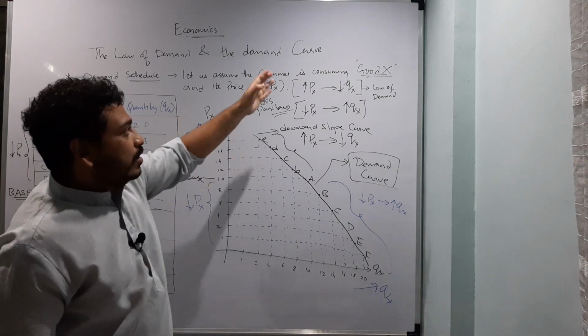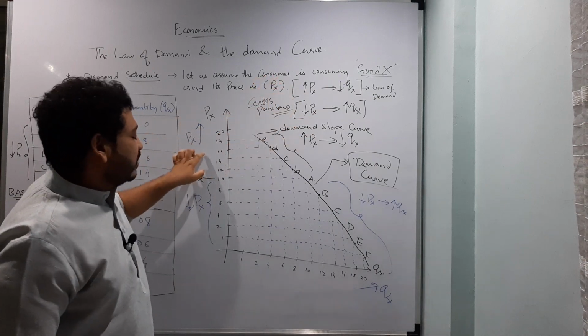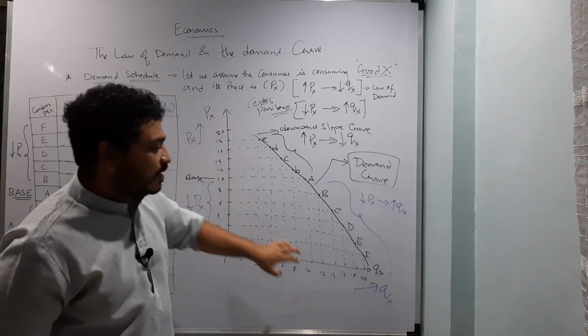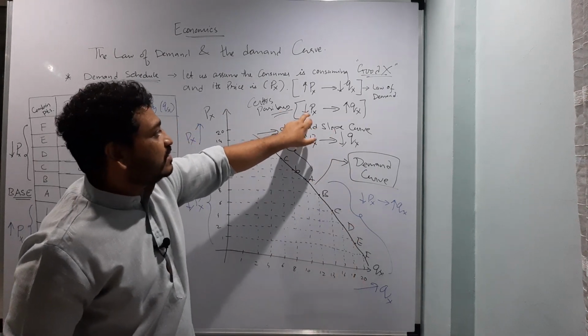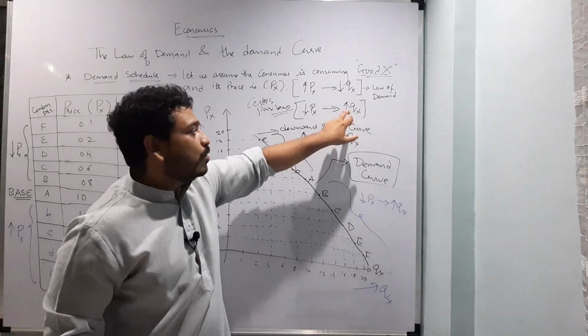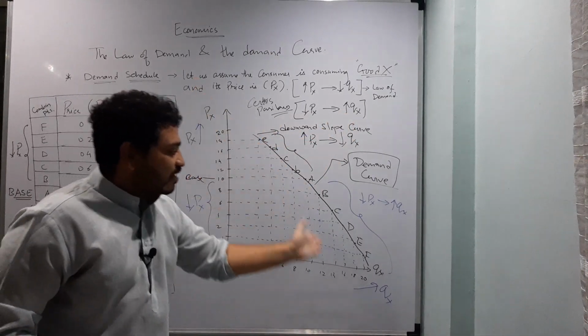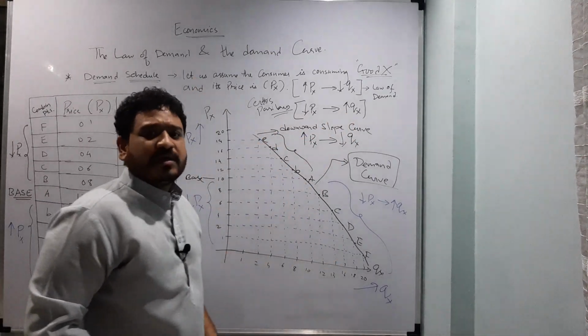My demand curve talks about the relationship between the quantity demanded of that particular commodity and its price. According to the law of demand, as the price of the commodity goes up, the quantity demanded is going to fall. Inversely, as the price falls, the quantity demanded is going to go up. So whenever there is a curve which is downward sloping, it is usually a demand curve.